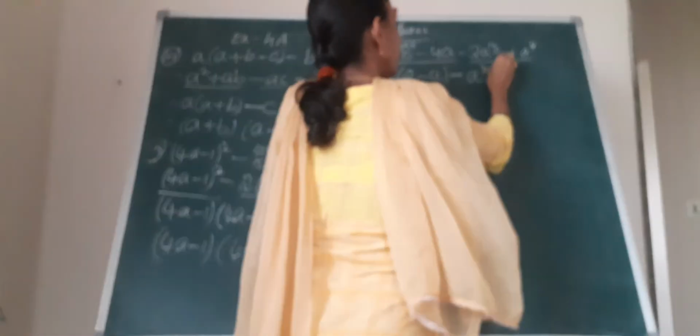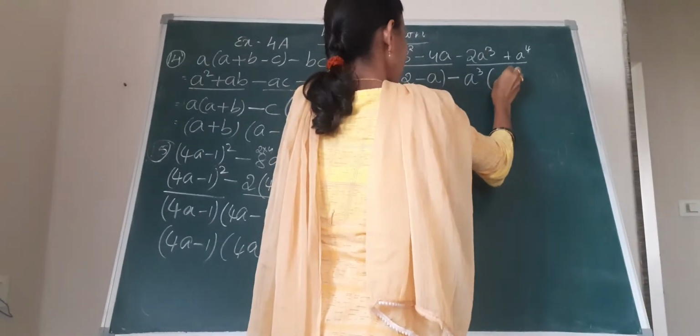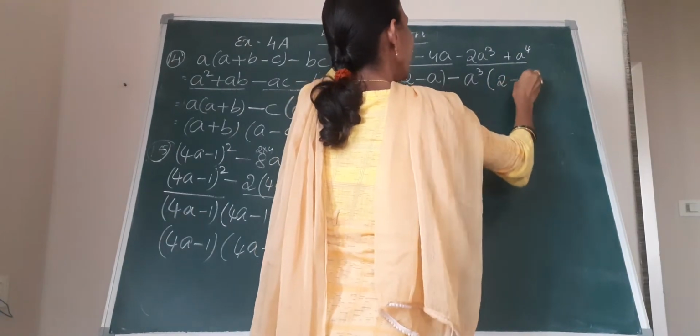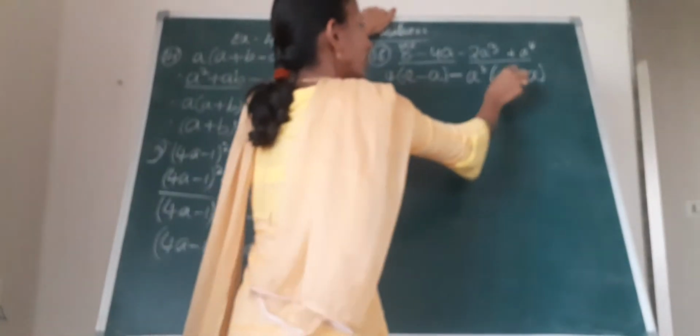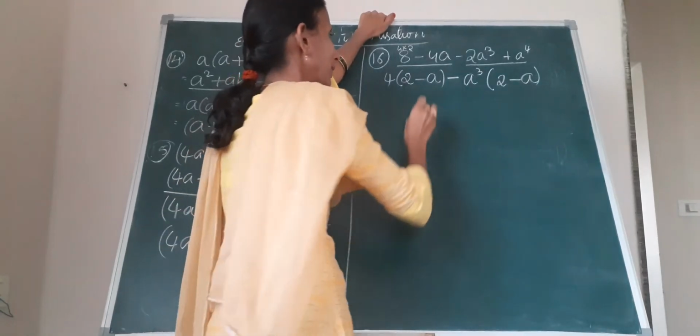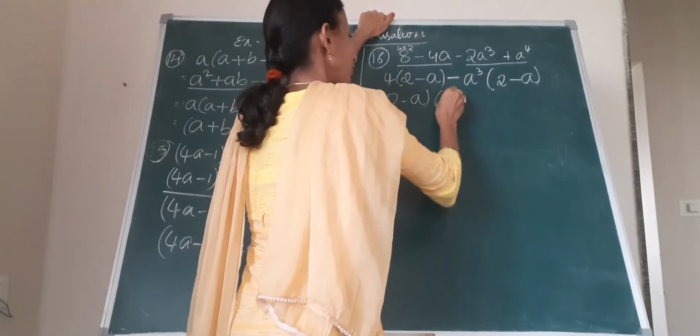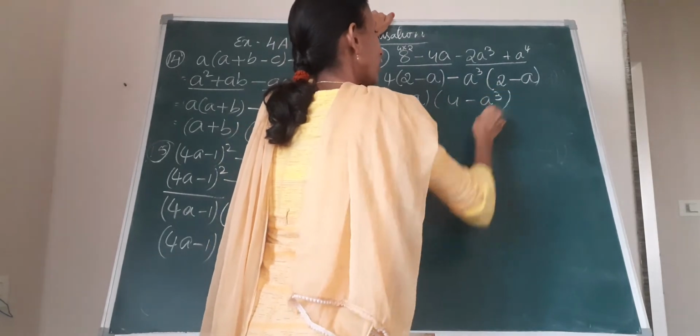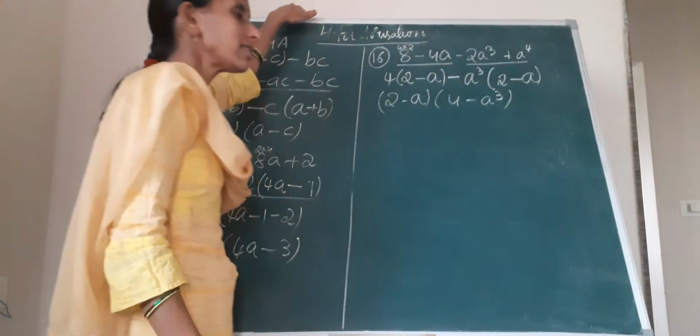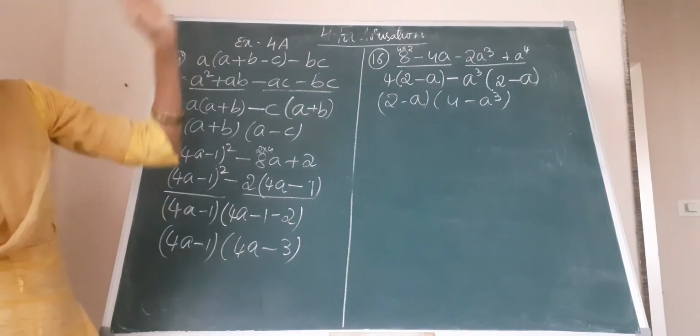Take it as common. Now what do we get here? 2 minus a. In both the terms, what is common? 2 minus a. 4 minus a cube. Now these are the factors of this expression.